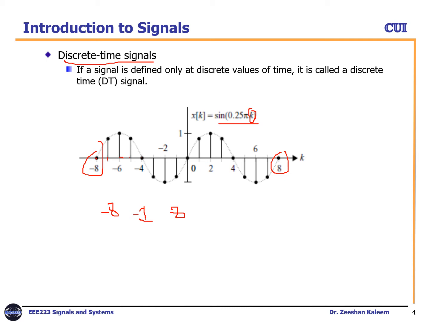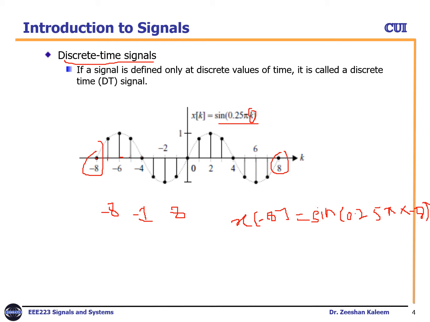So when you put this value, for example x of -8, because k will be -8 here, in this way you can calculate the magnitude of a discrete signal. So sin(0.25 times pi times -8).